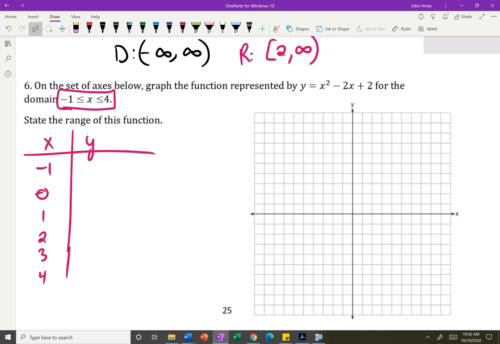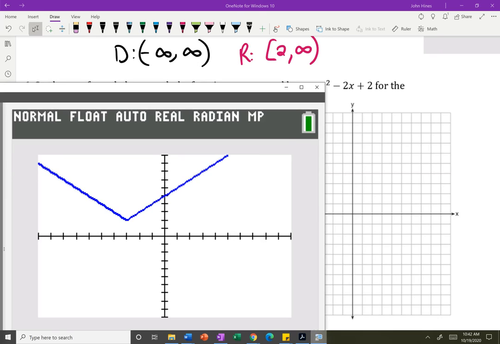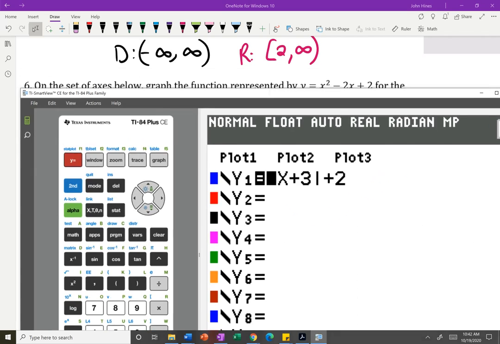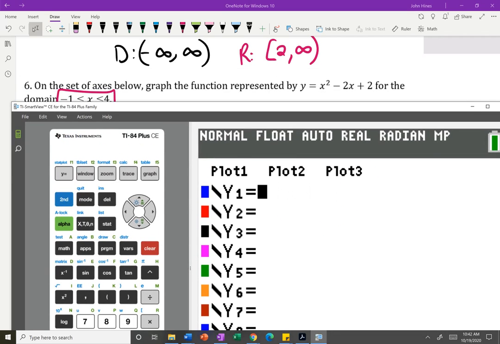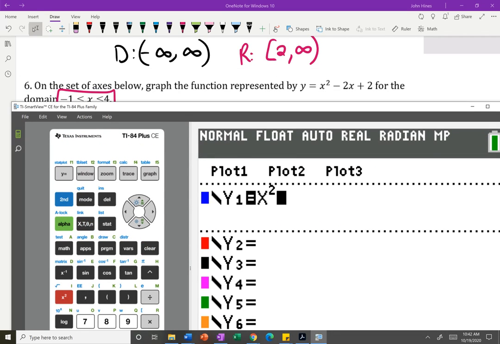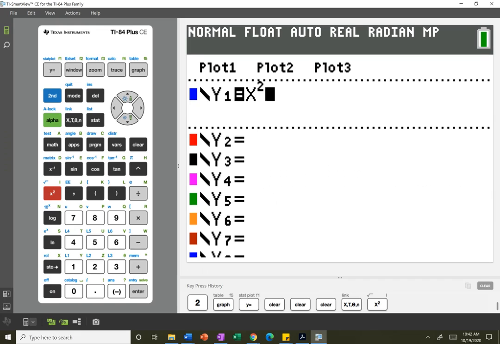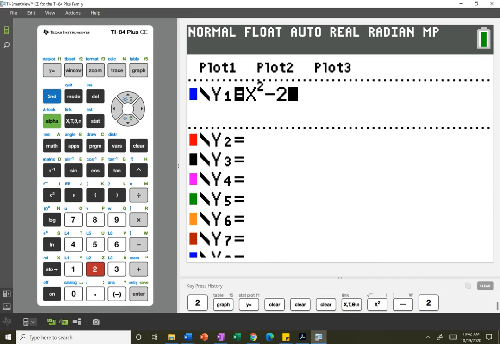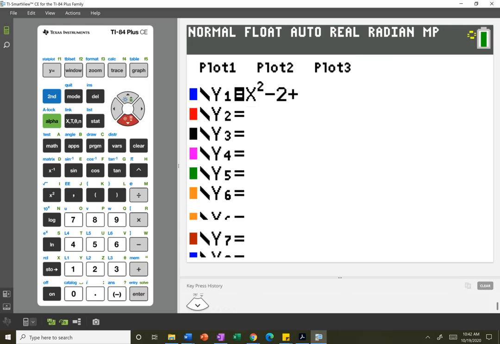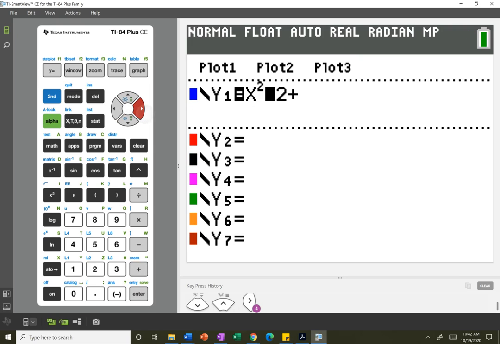So let's make our table of values on our calculator here. So what do we have? x squared, clear it, x squared minus 2x plus 2. I forgot the x. Get it together, Heinz. Plus 2. So I'm going to look at my graph here.